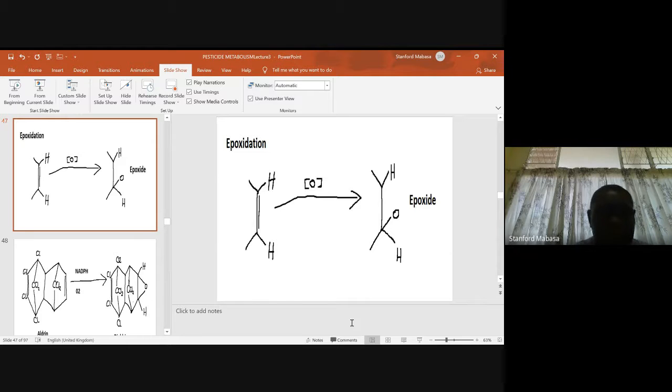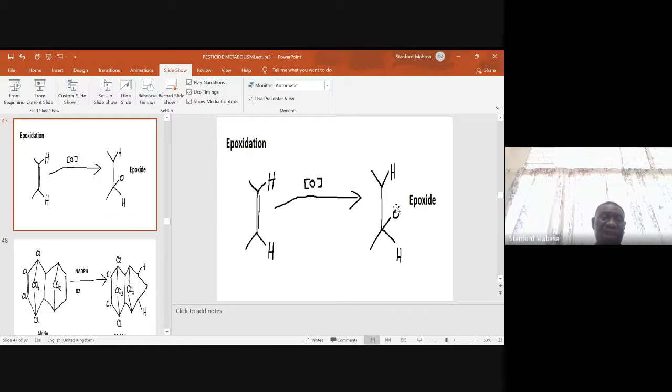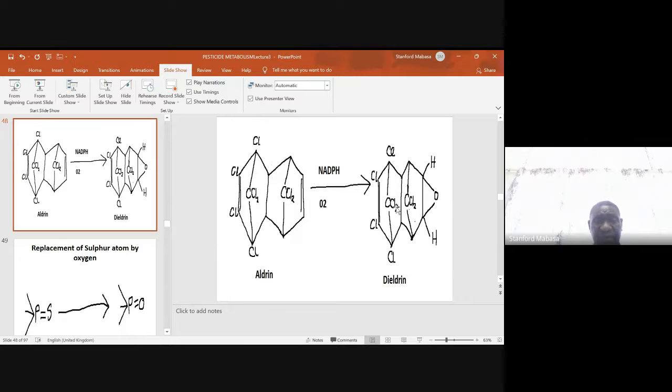The other reaction is known as epoxidation. Now, epoxidation, we have such a structure. What is going to happen is that we simply add oxygen there. Then that becomes an epoxide. For example, here, this is aldrin.